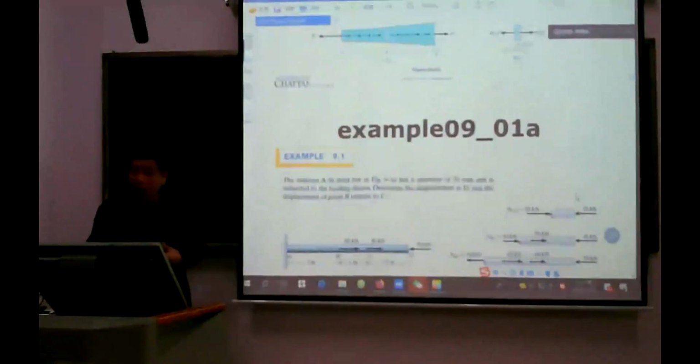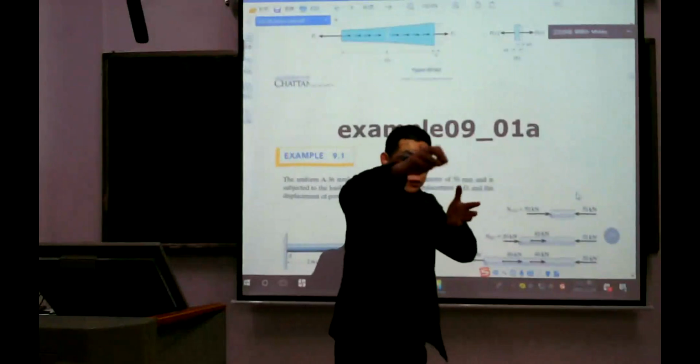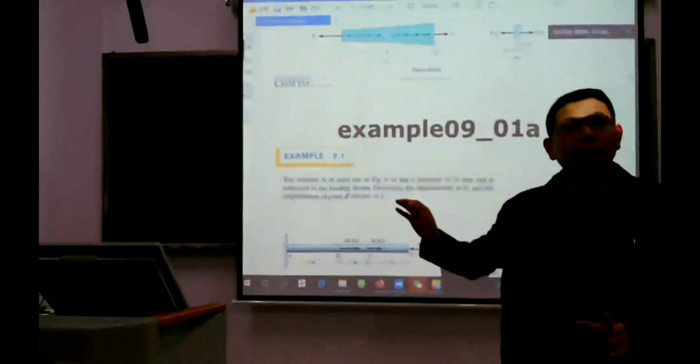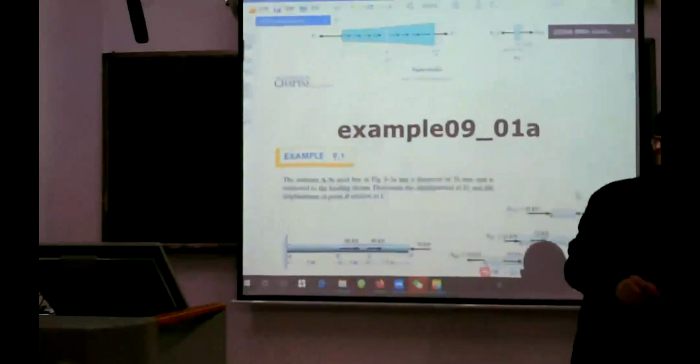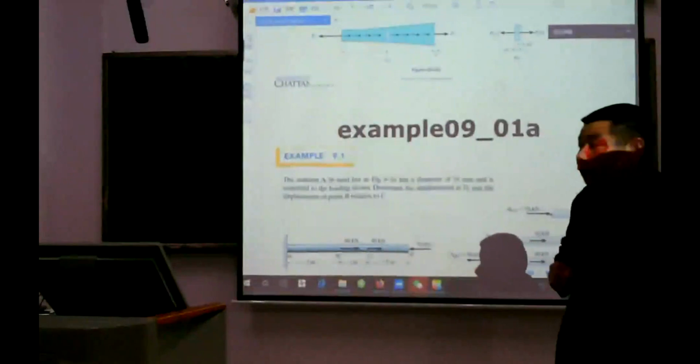Okay, at first we have to find the normal force. How to find the normal force? Our normal force is internal force. We use the method of section. That's all.